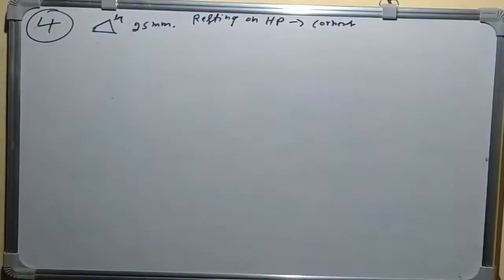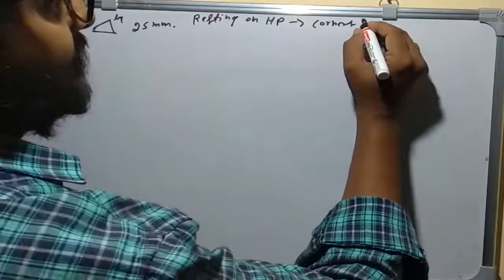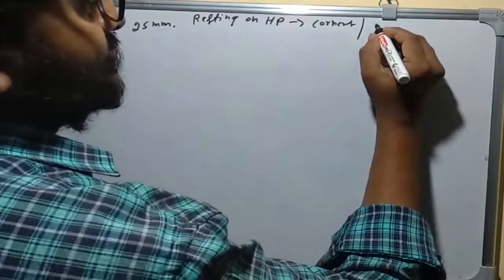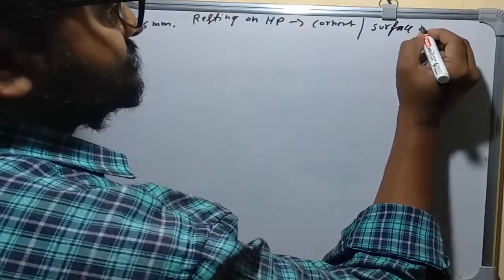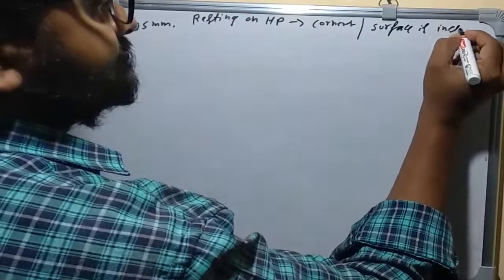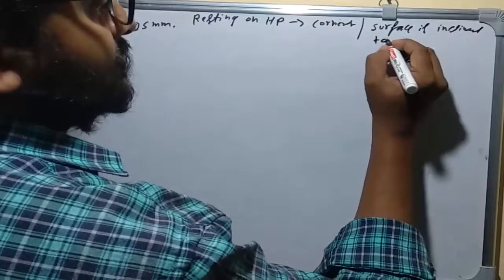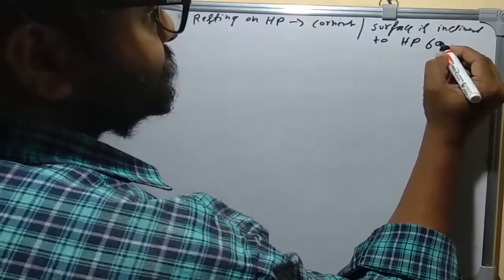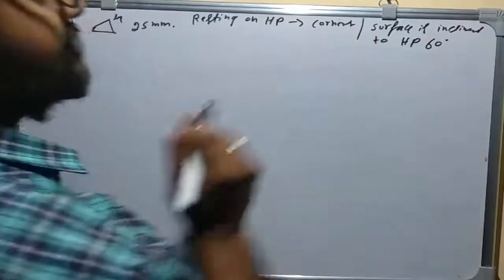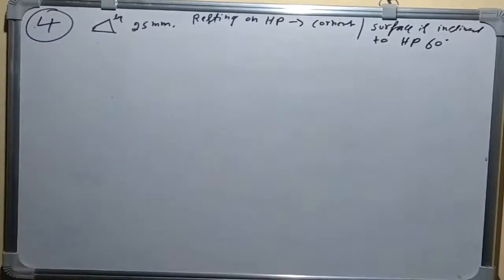And the next step, we need to check the surface inclination or lamina inclination. Here they gave that the surface is inclined to HP, and they gave 60 degrees. Okay. Next, we need to check the data for the third step.